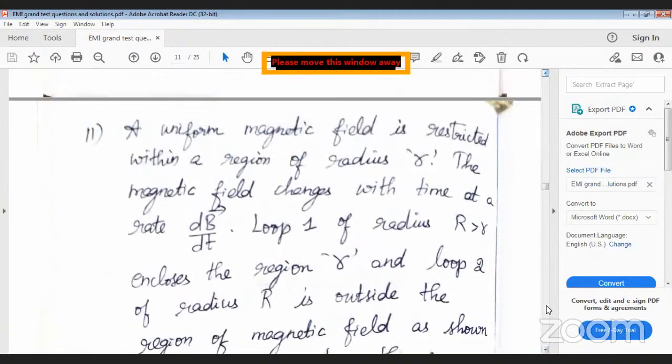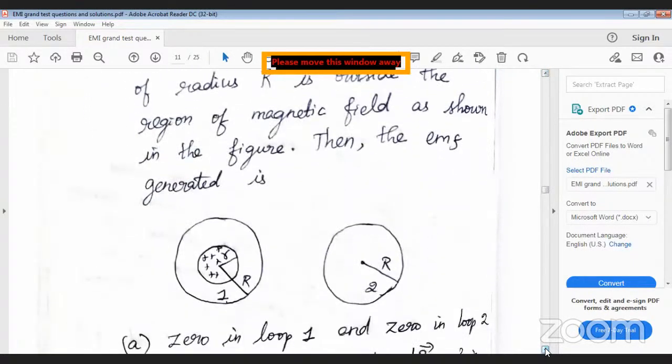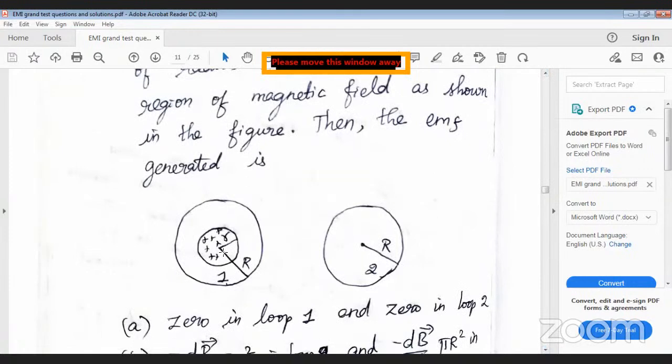What they are telling is a uniform magnetic field is restricted within a region of radius small r. So you can see from the figure, the inner circle is actually having the magnetic field represented by these plus marks. So that inner circle is having the radius small r. Whatever magnetic field is here, it is restricted within this inner circle.